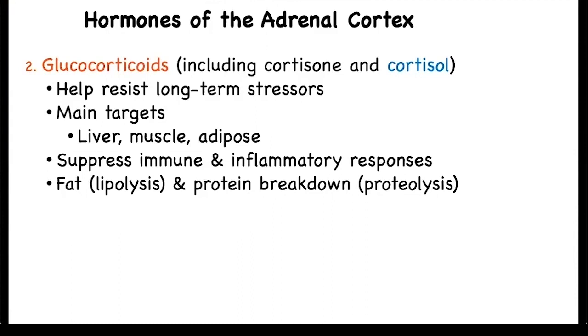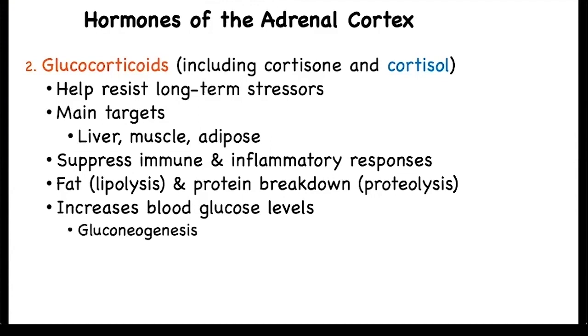Fatty acids can be used as an alternative source of energy. The glycerol and the amino acids can be used to synthesize glucose. This will increase glucose levels. Using non-carbohydrates to synthesize glucose is called gluconeogenesis.